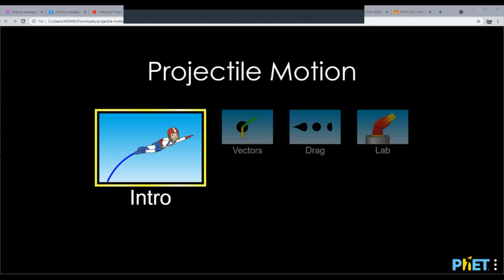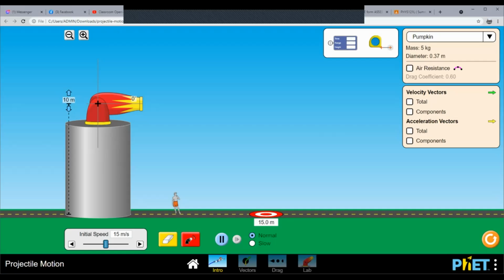It's all about projectile. So when you say projectile, that means we have a curve force. So let's say if you have an initial speed of, let's say, 15, and we have air resistance, we have velocity and acceleration.